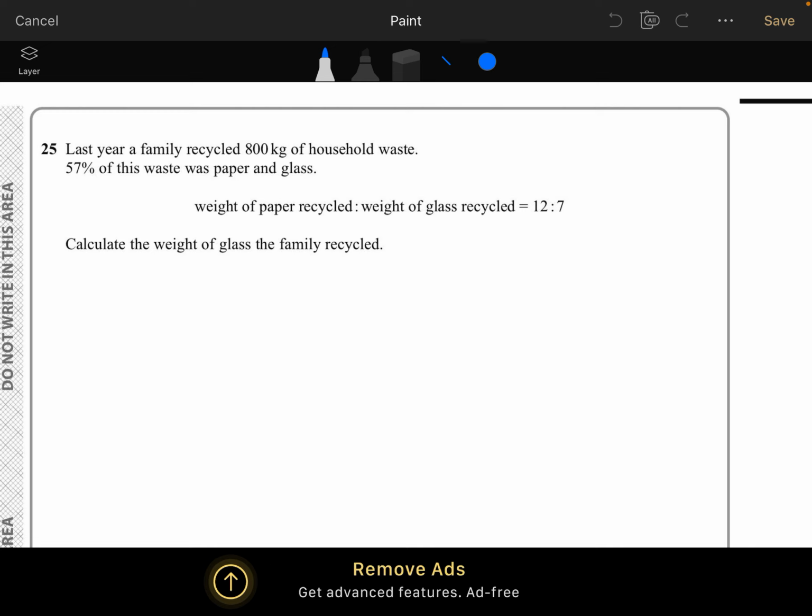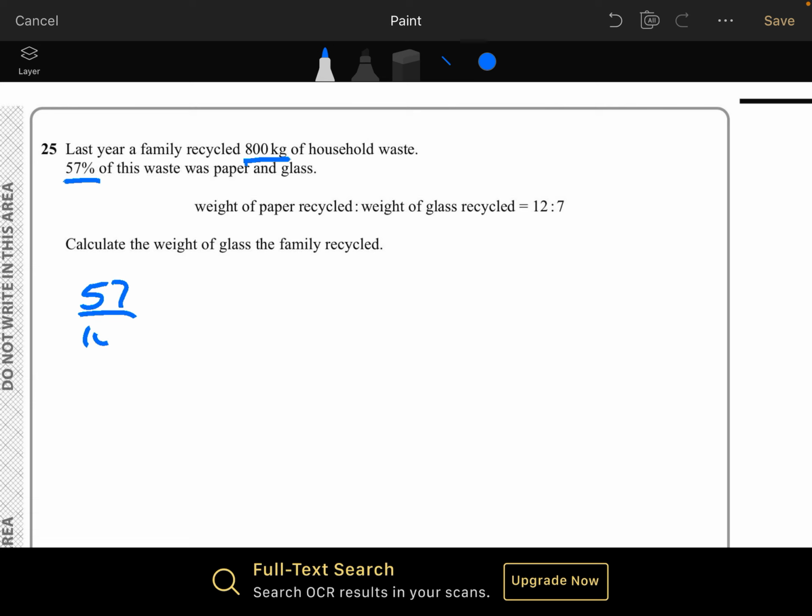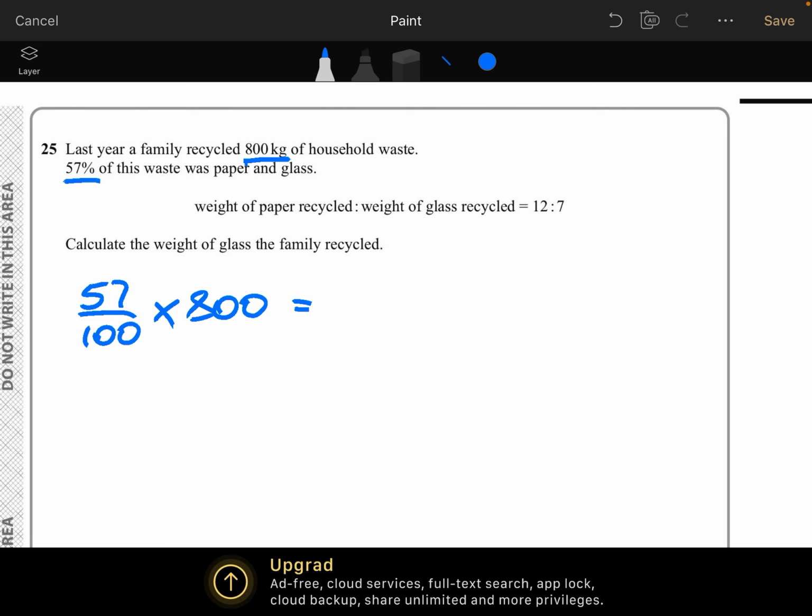So let's take the first point here. We've got 800 kilograms of household waste, and 57% of it was paper and glass. So 57%, that's 57 out of 100, of 800 tells us how much paper and glass we had in kilograms.